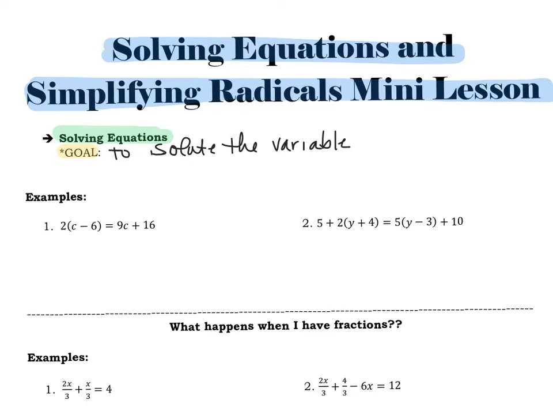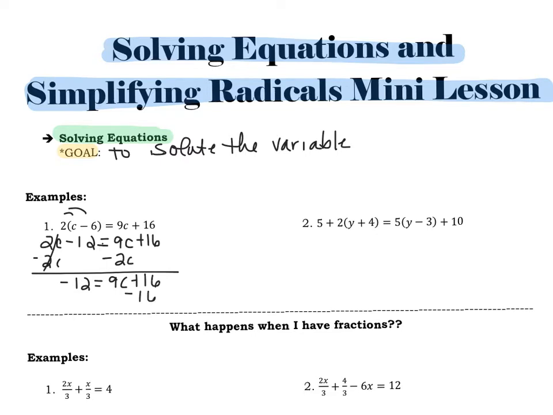So if I real quick do the first one for you, or with you, first thing I'm going to do is I'm going to distribute. So I have 2c minus 12 equals 9c plus 16. So now I'm going to subtract 2c on both sides. So I have negative 12 equals 9c plus 16.